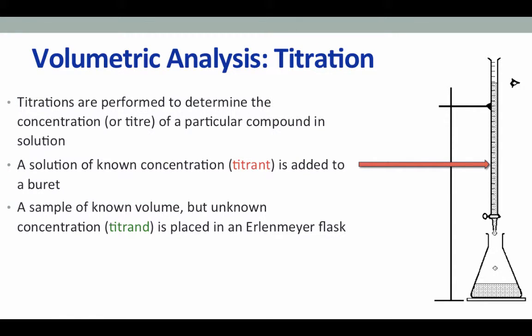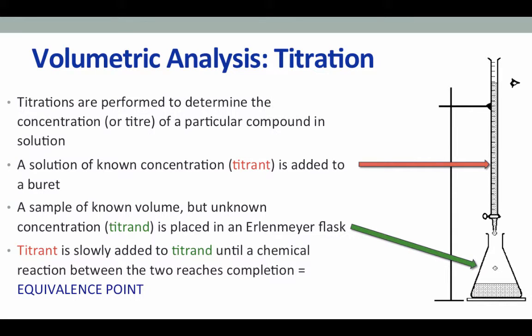The sample of known volume but unknown concentration is usually placed in the Erlenmeyer flask. The titrant in the burette is slowly added to the titrand in the Erlenmeyer flask until the chemical reaction between the two reaches completion, and we can see this through the endpoint and assume that we have surpassed the equivalence point.